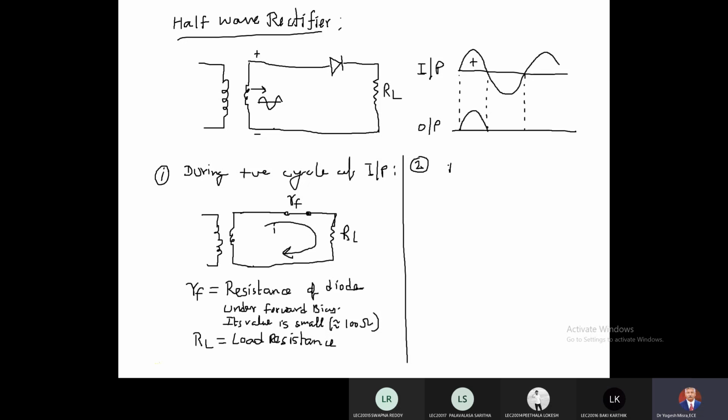Now, the second case, during the negative cycle of input. Here I say this is the A end of the transformer, this is the B end of the transformer. So during the negative cycle, the A end will become negative with respect to B. So the diode will act as an open circuit, because it is now under reverse bias.